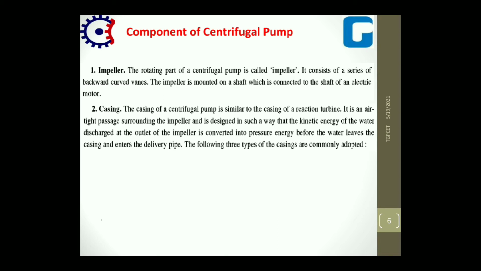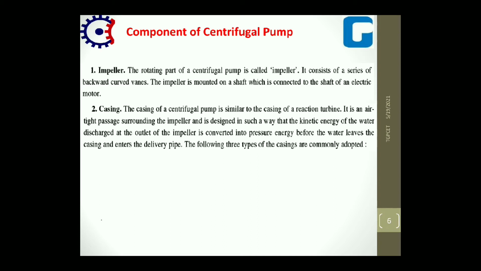It is an airtight passage surrounding the impeller, and it is designed in such a way that the kinetic energy of the water discharged at the outlet of the impeller is converted into pressure energy before the water leaves the casing and enters the delivery pipe.